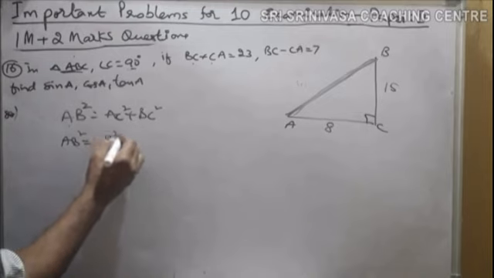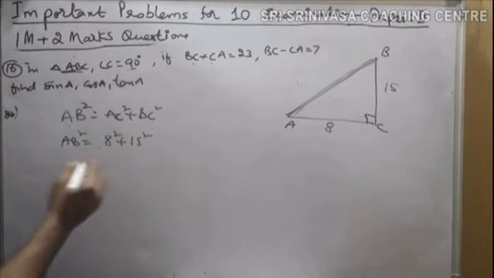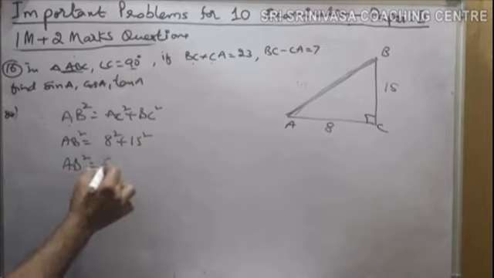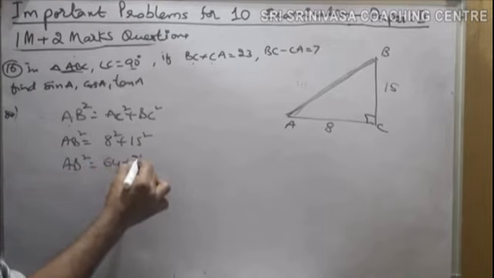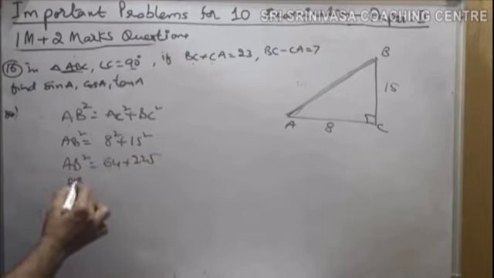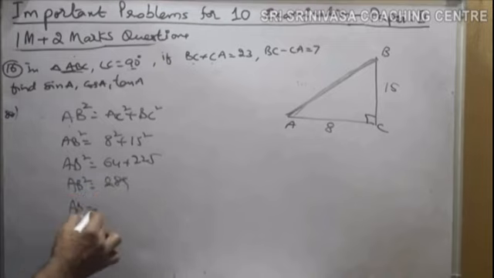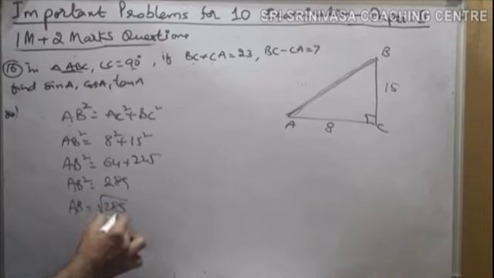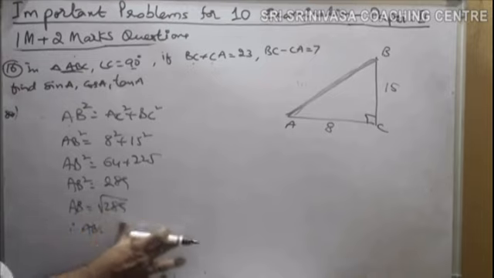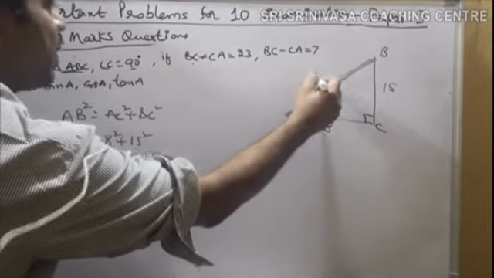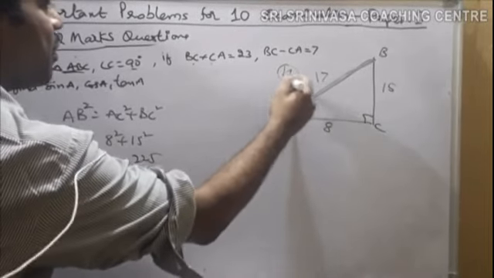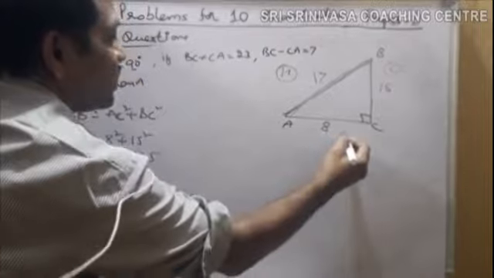AC is 8, so 8 square plus BC is 15, 15 square. So AB square equal to 64 plus 225. AB square equal to 289. So AB equal to root 289. So therefore I can say my third side AB is 17. This is hypotenuse, this is opposite, this is adjacent.